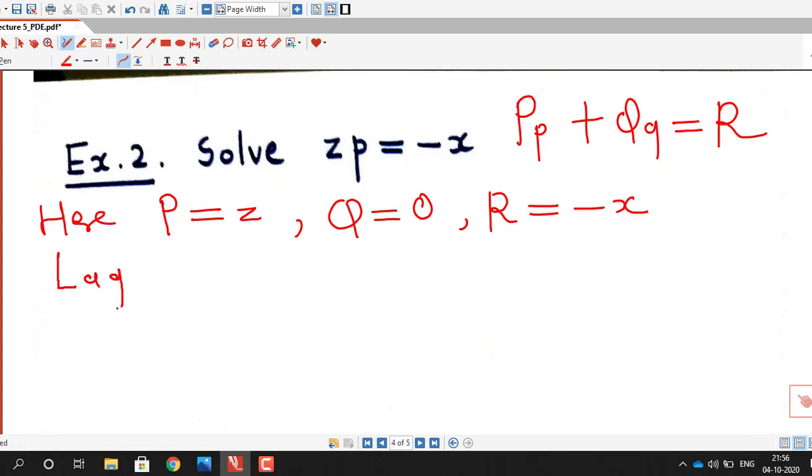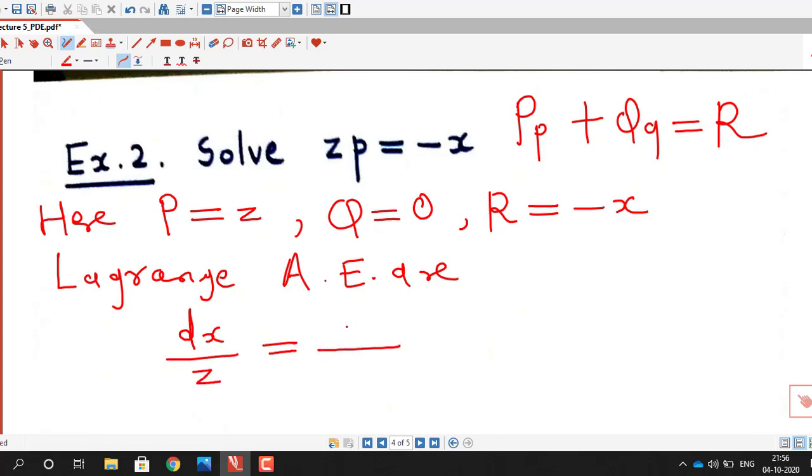So we start by writing Lagrange auxiliary equations are dx upon P which is z, dy upon Q which is 0, and dz upon R which is minus x. Number 1.